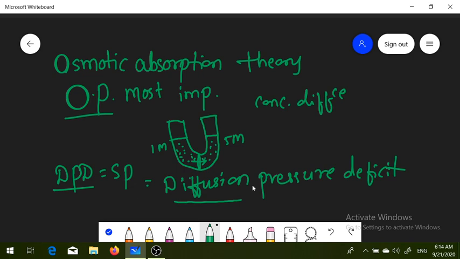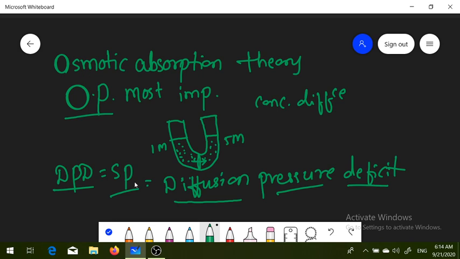The liquid, because of its fluidity, shows more diffusion pressure, so it diffuses very fast, but the semi-solid substance does not diffuse rapidly. So it has more diffusion pressure deficit, and the suction pressure means the ability to absorb the water.